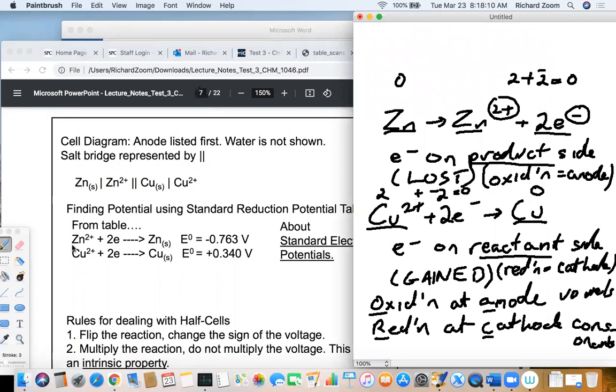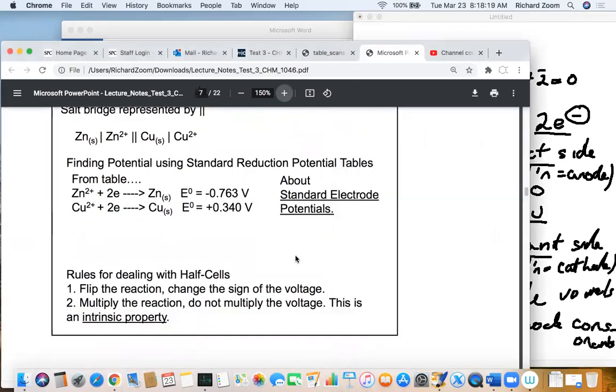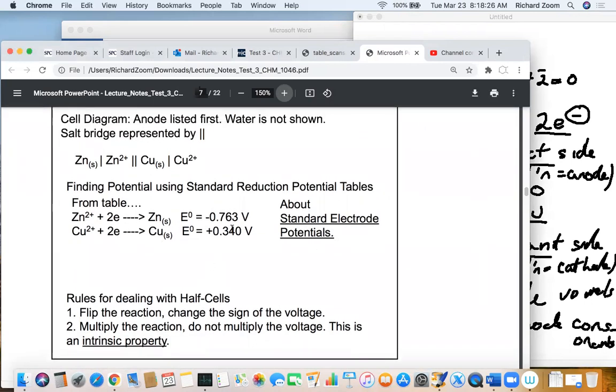These are not written as oxidations, they're written as reductions. So I need to flip this and turn it into an oxidation. If I flip it, the rule is that I have to change the sign of the voltage. So if it is, in this case, minus 0.763 volts, that turns it into positive 0.763 volts.